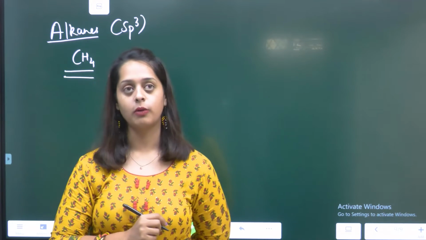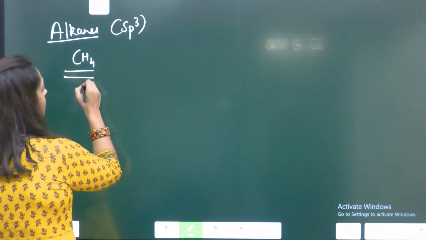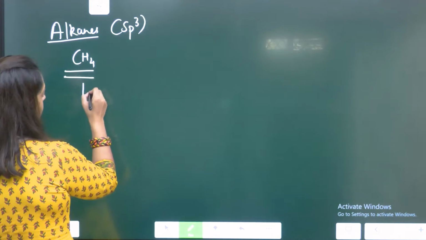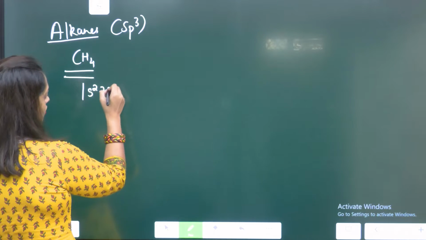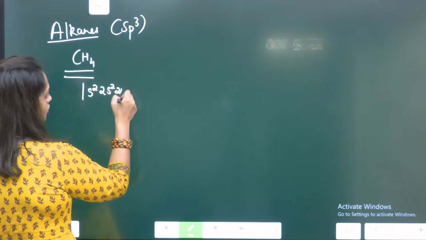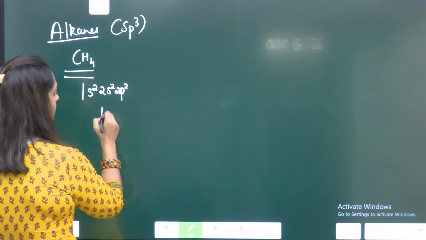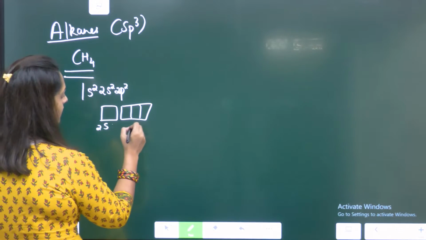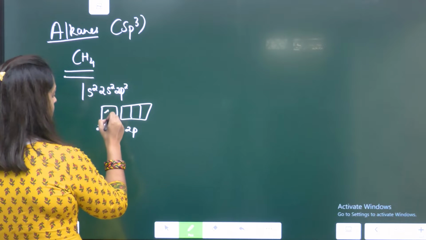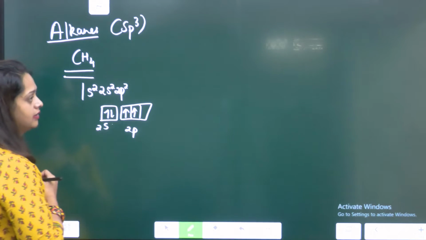Yes, ma'am. Atomic orbitals combine together to form hybrid orbital. So the carbon electronic configuration is 1s2, 2s2, 2p2. So that means the orbitals which are going to take part are 2s and 2p. Right?